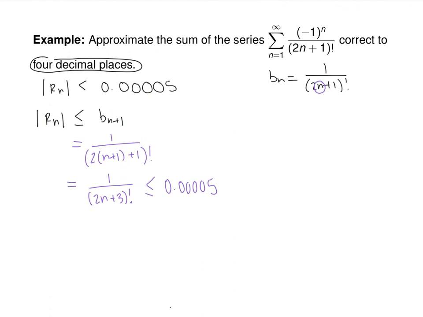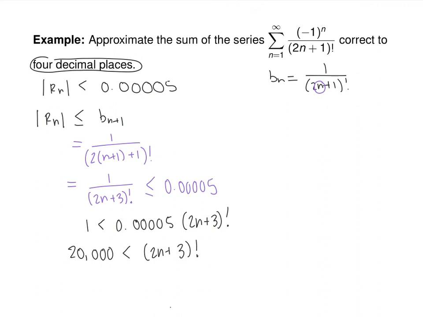Now there is no explicit way to solve a factorial, so I'm going to move the factorial over. 1 must be less than 0.00005 times 2n plus 3 factorial. Divide by the 0.00005, and we have 20,000 is less than 2n plus 3 factorial.